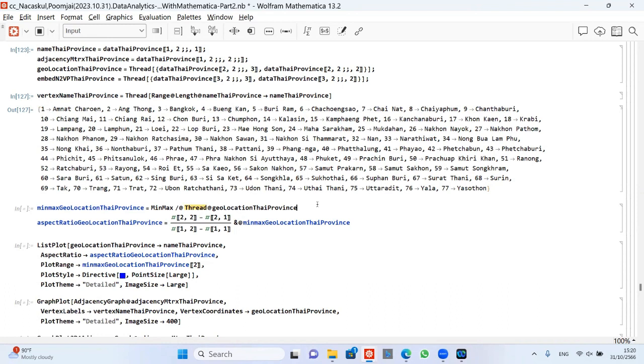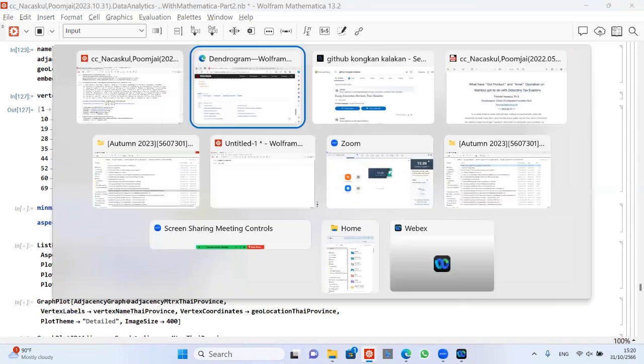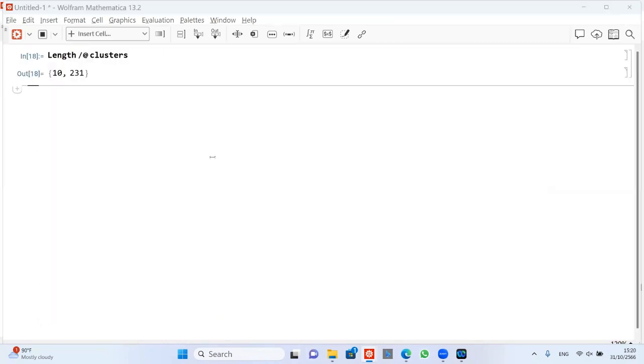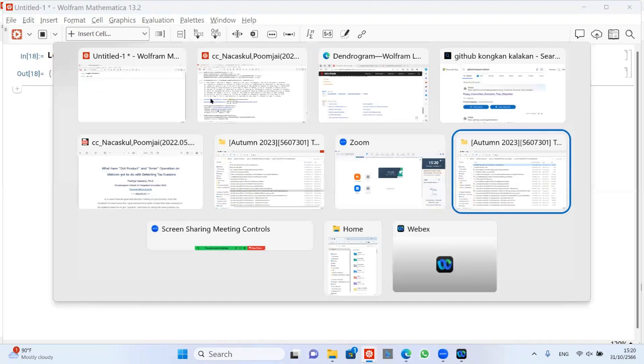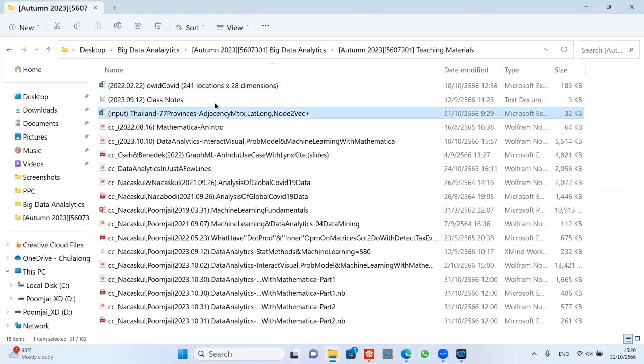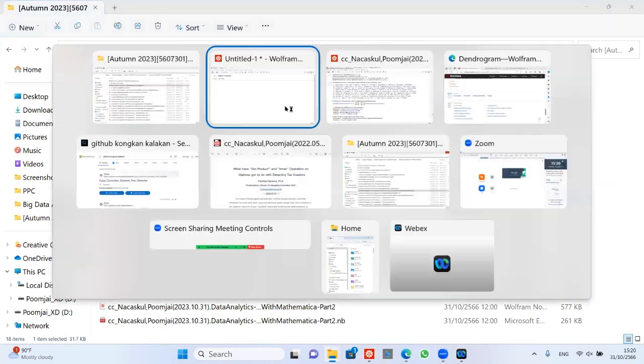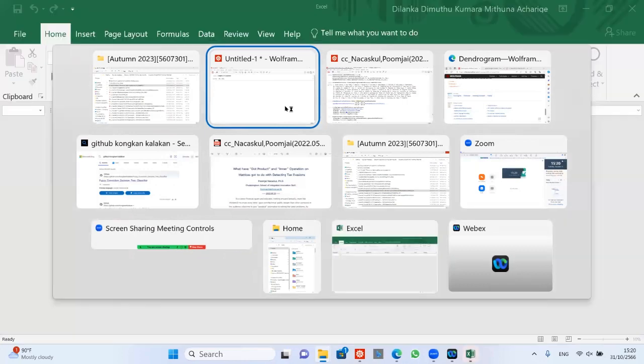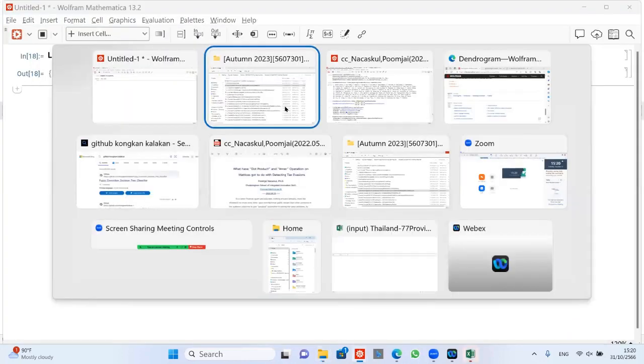Now, I'm making extra calculation. Let's look at this data set first. What does it contain? This data set has 77 provinces. Okay.